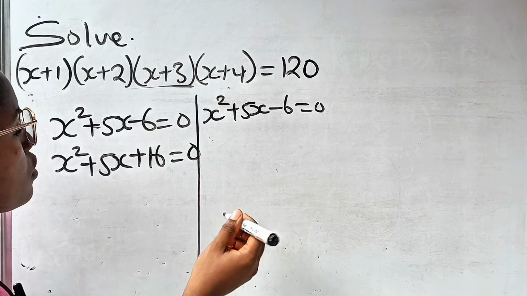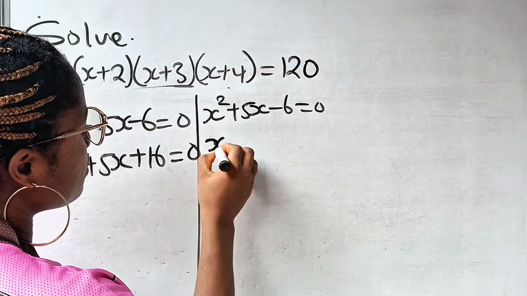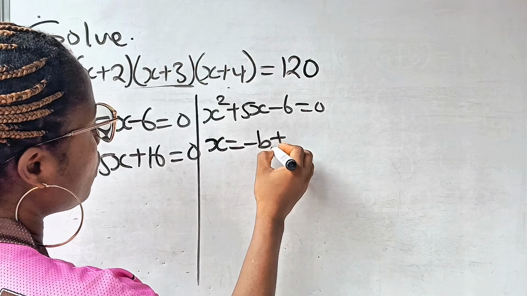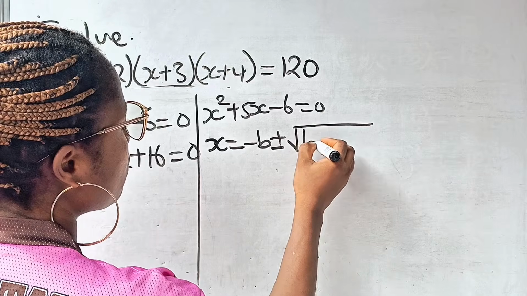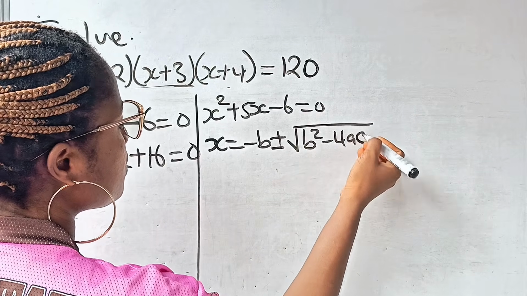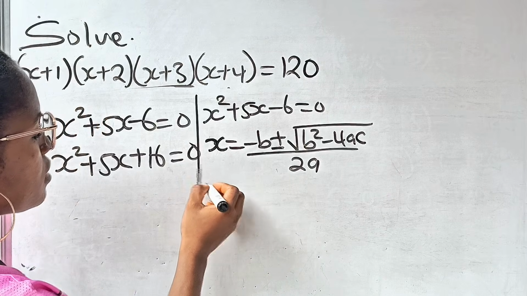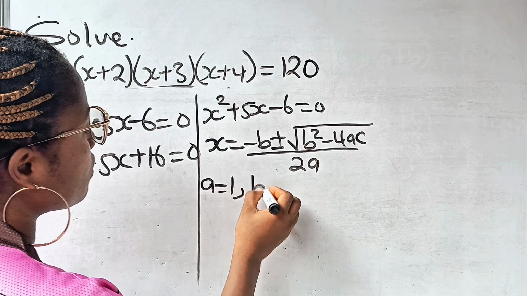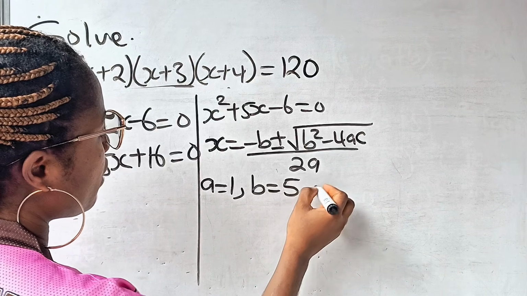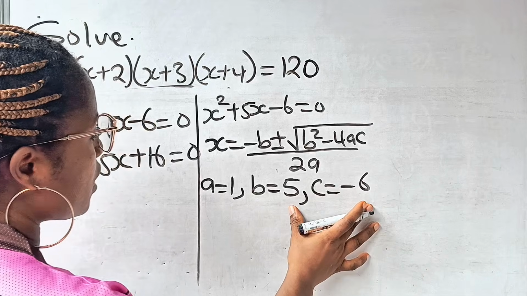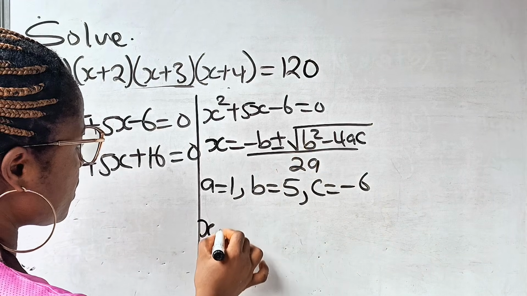Okay, so using x is equal to minus b plus or minus square root of b squared minus 4ac, everything divided by 2a. For this, our a is 1, b is 5, c is negative 6. Let's put this in.